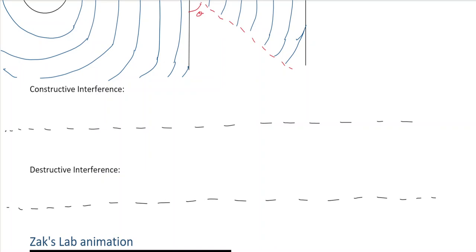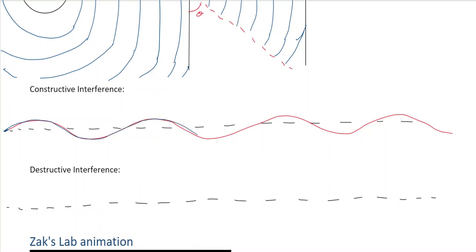The constructive interference pattern would look like this. So basically, if we have a wave, actually let's make it less big. If we have a wave that looks like this, and we're constructively interfering, then what we're doing is we're putting another wave on top of this wave.